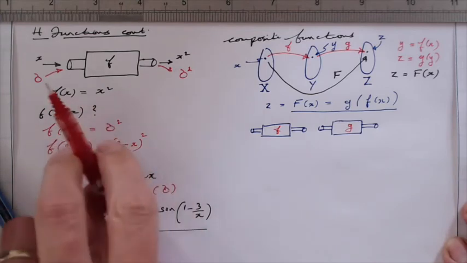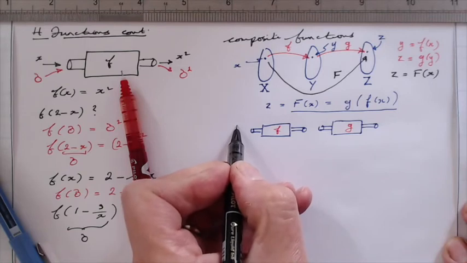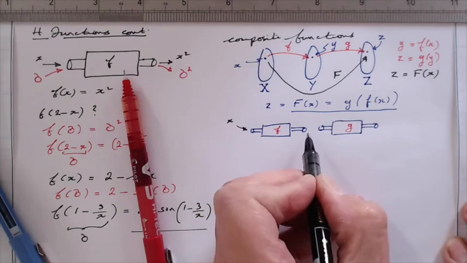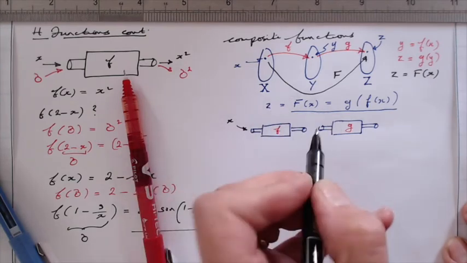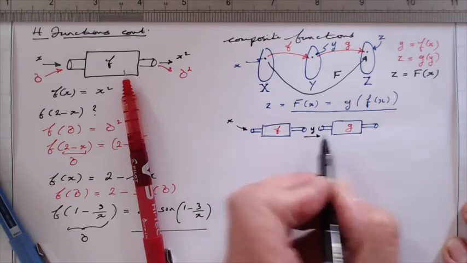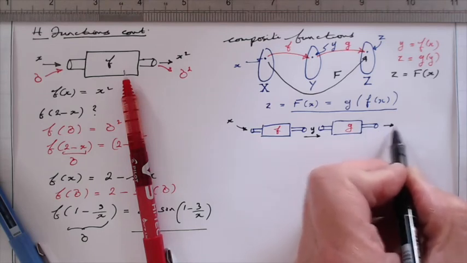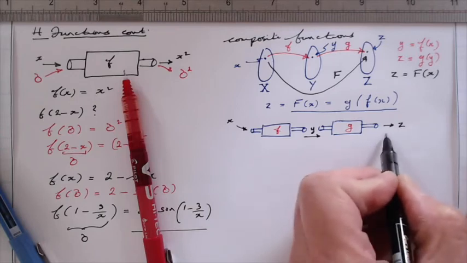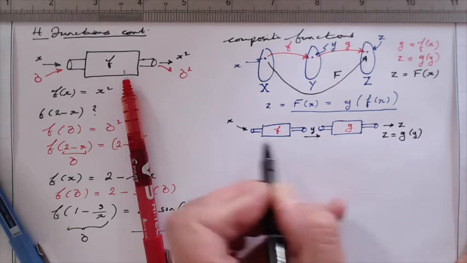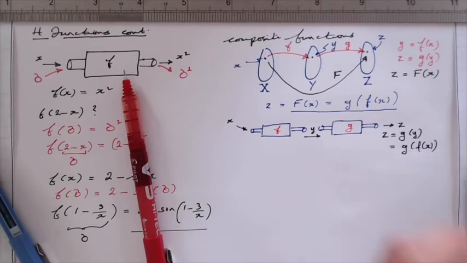Okay, so in our language you could put in, for example, an input in here of x. The output is f of x, which for shorthand we'll call y, but that y just gets fed straight into this machine, and out comes something we're calling z, and that z is g of y, and y in itself was f of x, and so we have g of f of x.